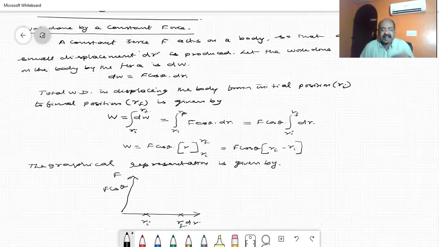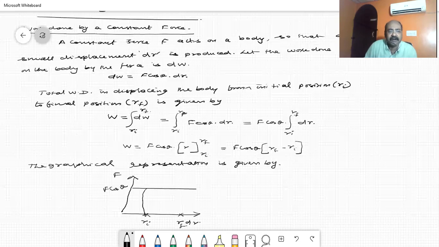See, when I am considering the force to be constant, then the constant force is represented by a line parallel to the x-axis, because the force is constant. It is not varying. Now you drop two perpendiculars, one from Ri and another one from Rf.